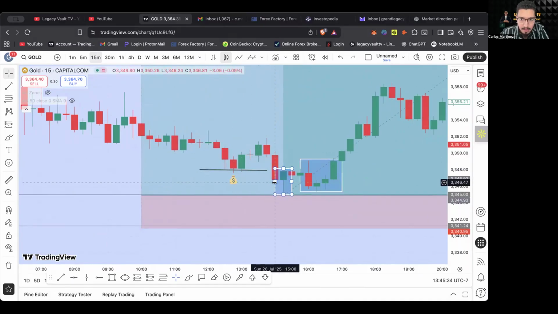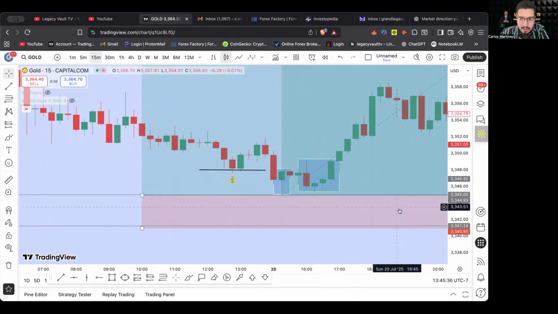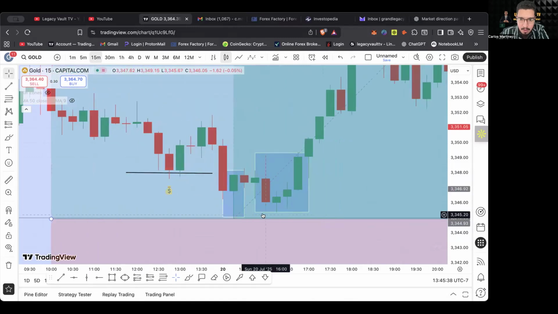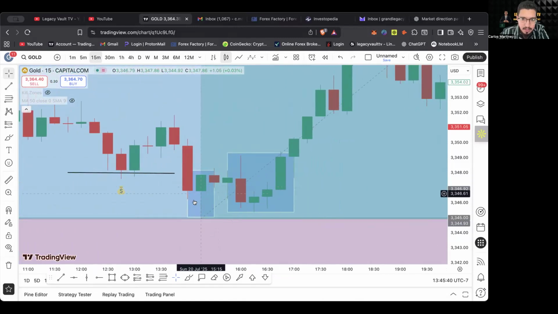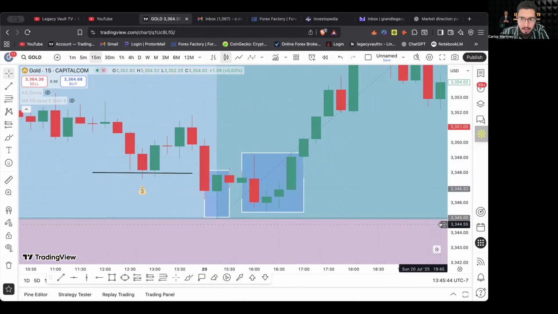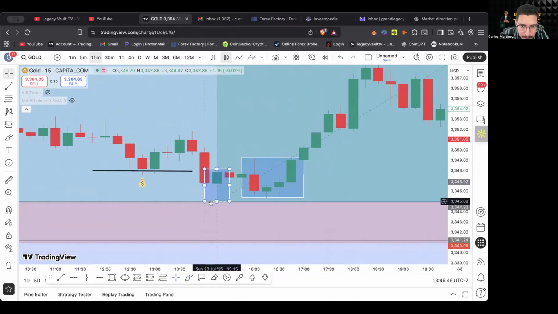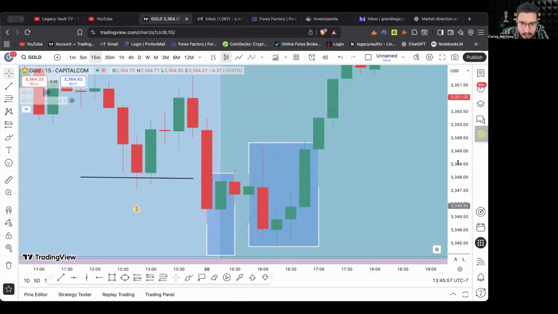These buyers came down to liquidate and formed a confirmation candle. There's a hammer. This bullish candlestick is a hammer. So that's a confirmation candle. It touched my zone there. That wick touched the upper level. It touched right at 33.45. You see how precise it is?